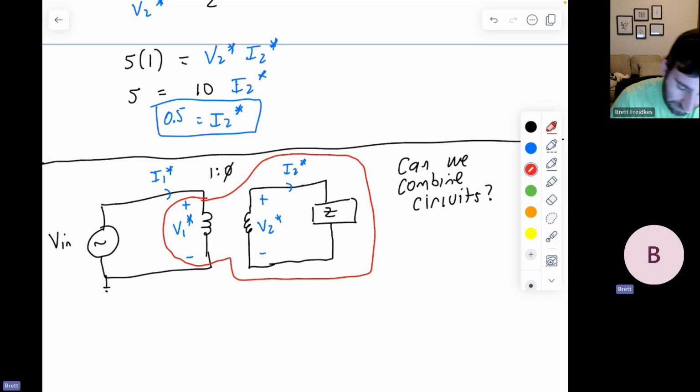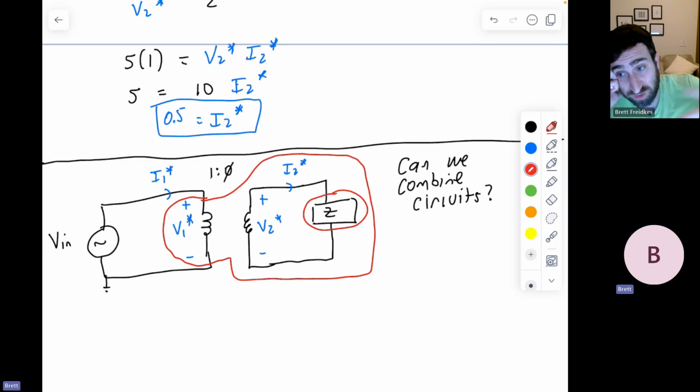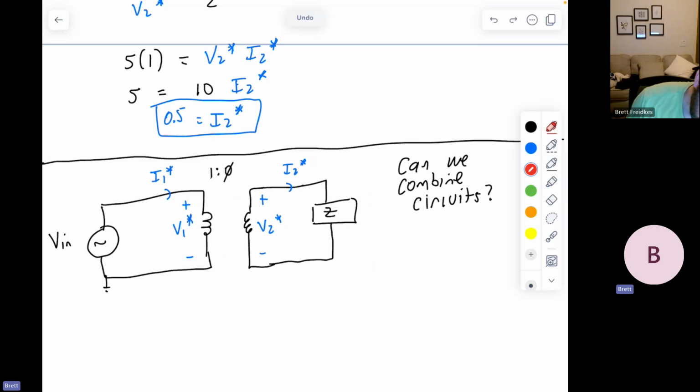So this Z that is over here, even though it's on the right, is being experienced by the left circuit. That's a really important point. Its presence will impact the left circuit.